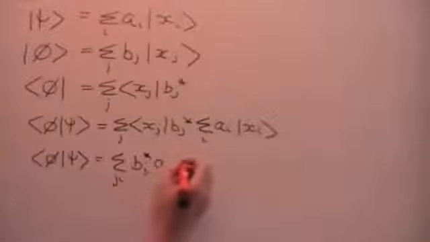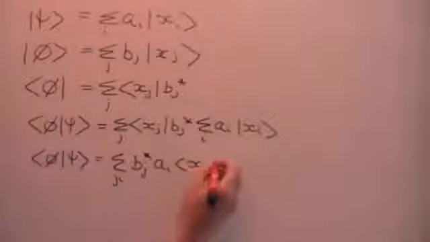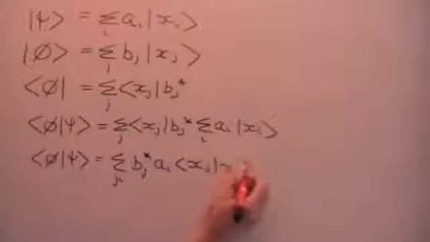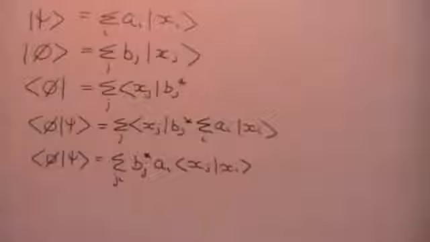And that just leaves us with the inner product of xj and xi. Now, these are basis vectors. Basis vectors are, by definition, orthonormal, which means that if you do the inner product of one with another one, you get 0. We've seen this in previous videos. And if you do the inner product of one with itself, you get 1.